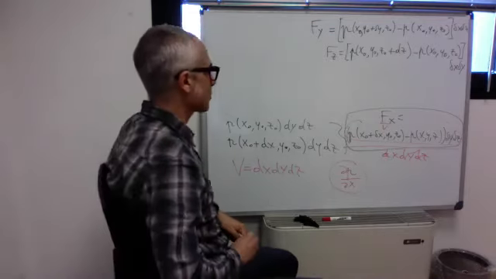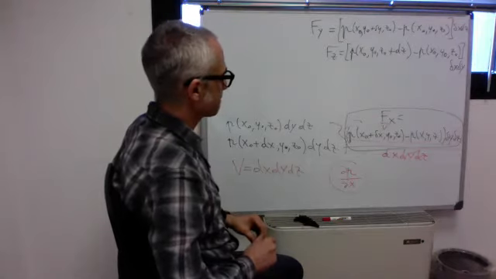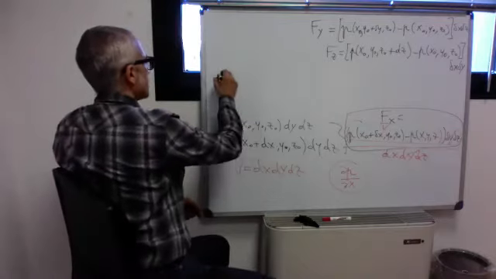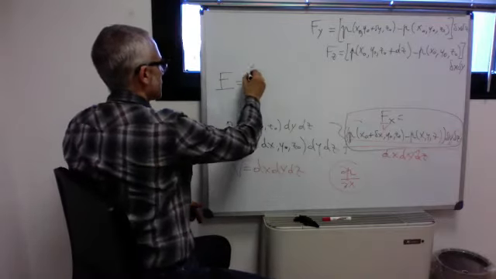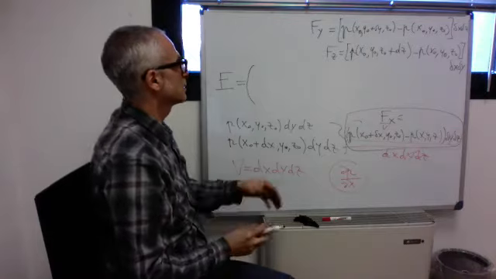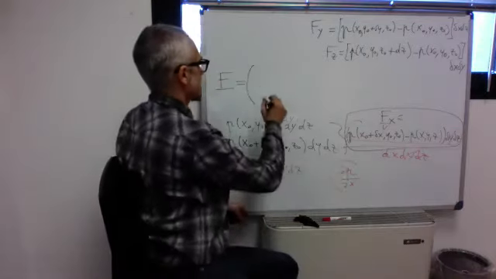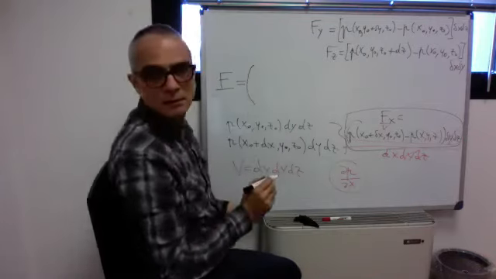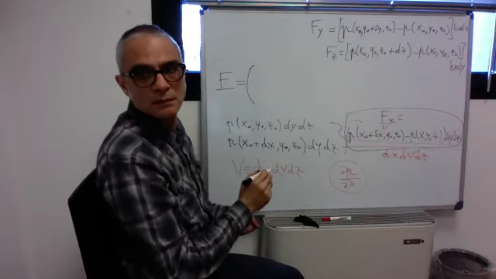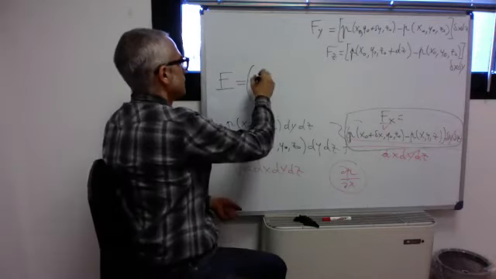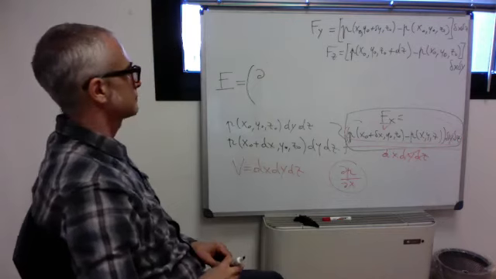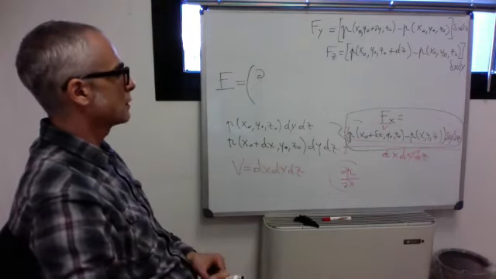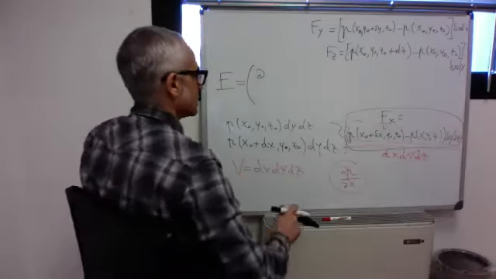So basically, the point is that if I write the force as a vector, the first component is... oh, and there's a minus sign in front of all this.